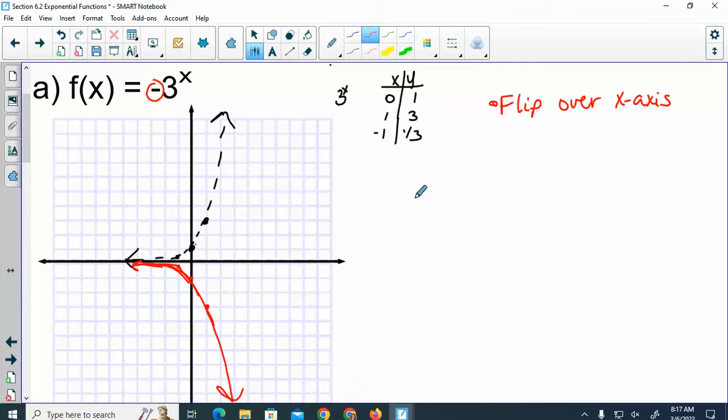What is the domain? Negative infinity to positive infinity. And what's the range? 0 to negative infinity. Same thing, just go small to large.